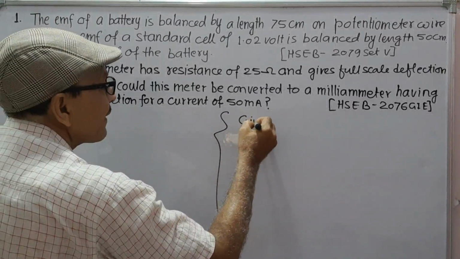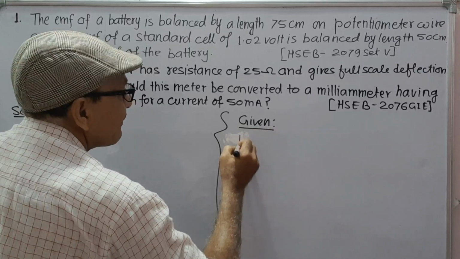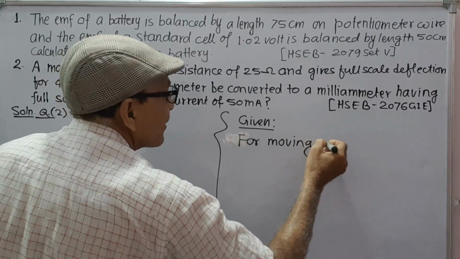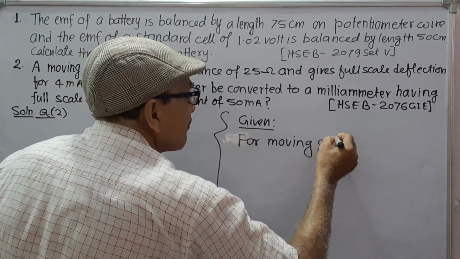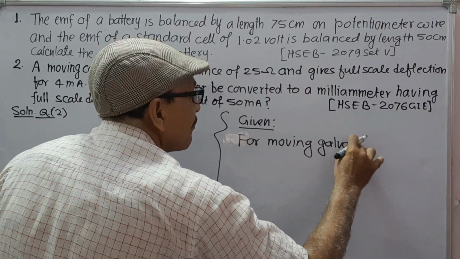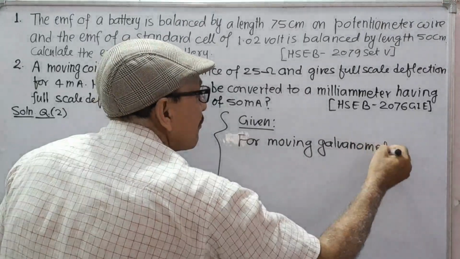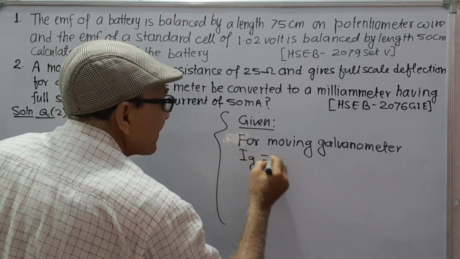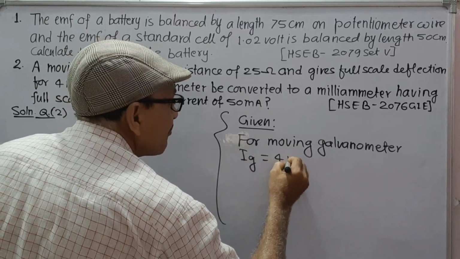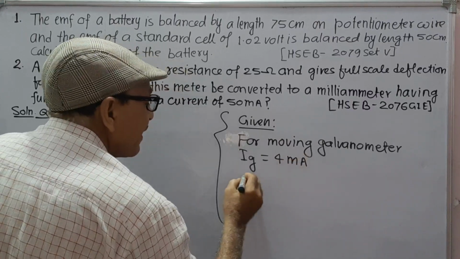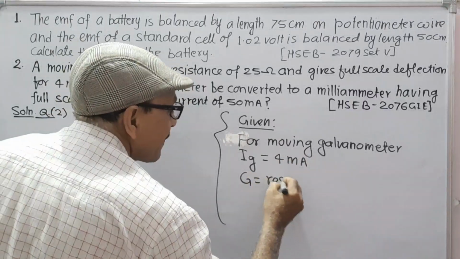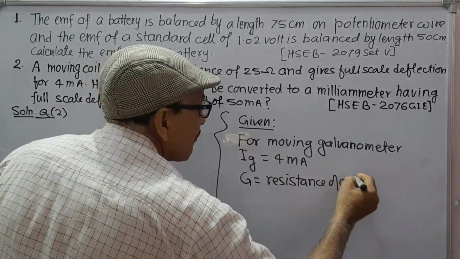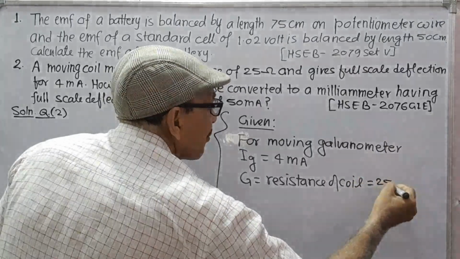Given: for the moving coil galvanometer, the current for full scale deflection is 4 milliampere and the resistance of the coil is 25 ohms.